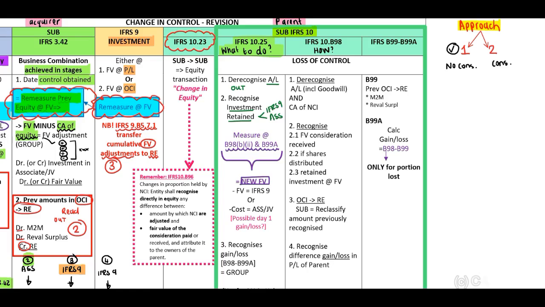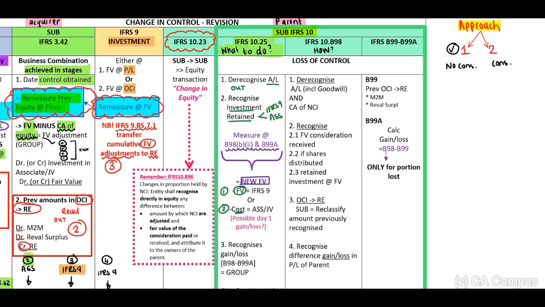Therefore, if there is a change from a subsidiary, if there's a loss of control from a subsidiary to an IFRS 9 investment, we need to measure the retained portion at fair value. And remember, when we look at associates and JVs, we talk about the cost. The associate or JV will be included at the cost.